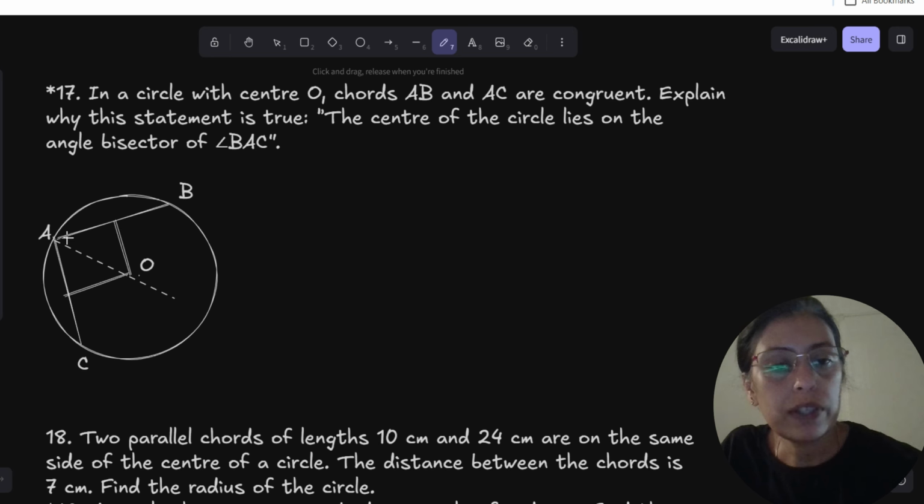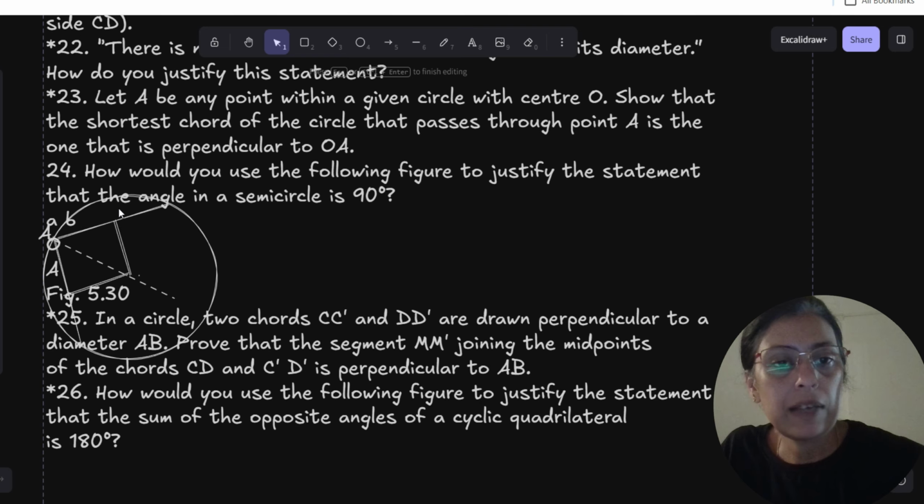What I have done here is I have drawn this line AO. First I'll name this also.